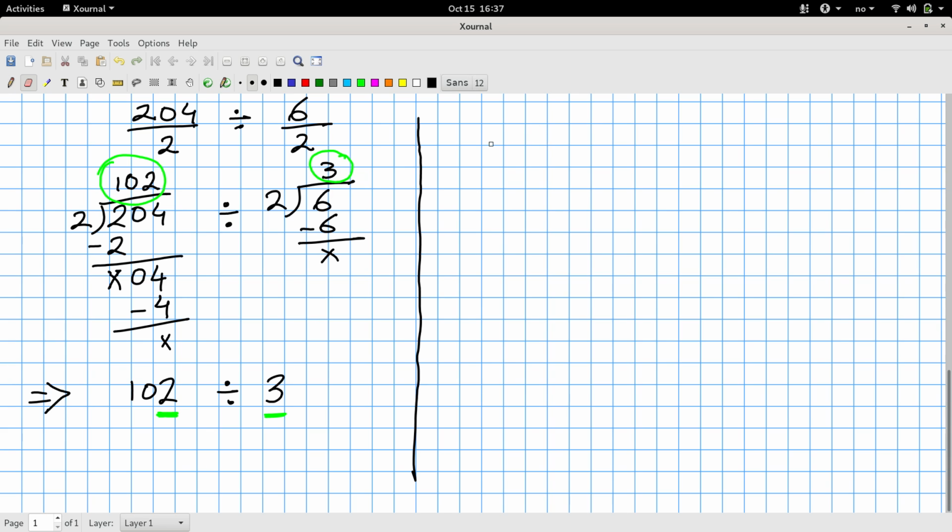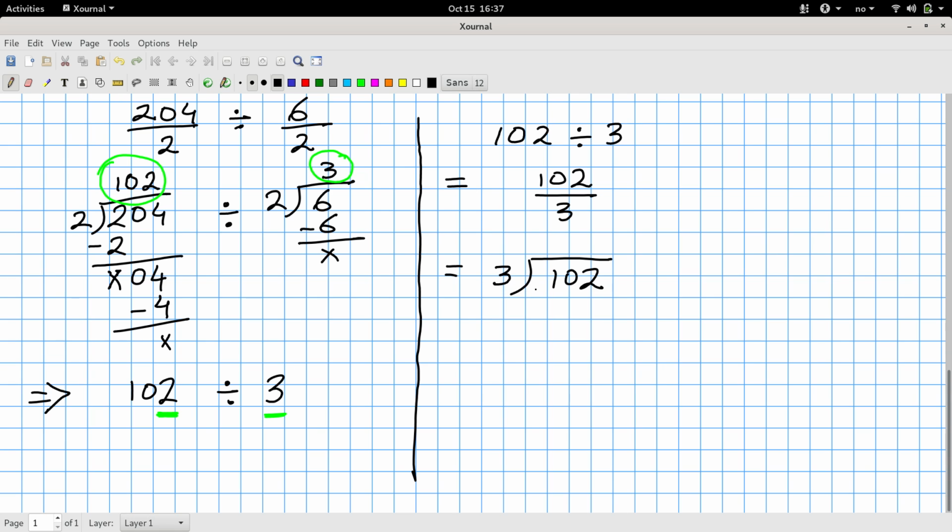Let me rewrite that. 102 divided by 3. This would be written internationally as 102 divided by 3. And now we can do the proper division operation and say 102 inside, because that's being divided. 3 is dividing it, so 3 would be outside.